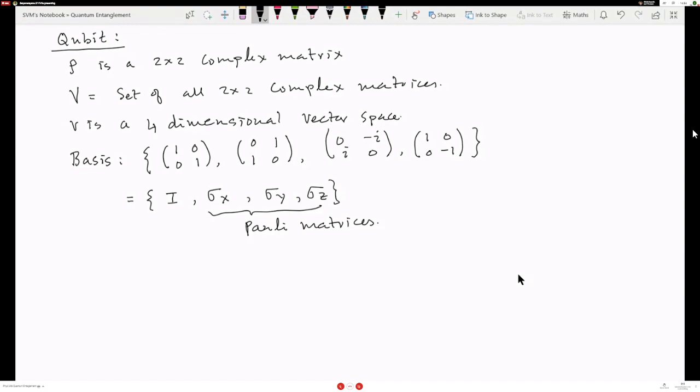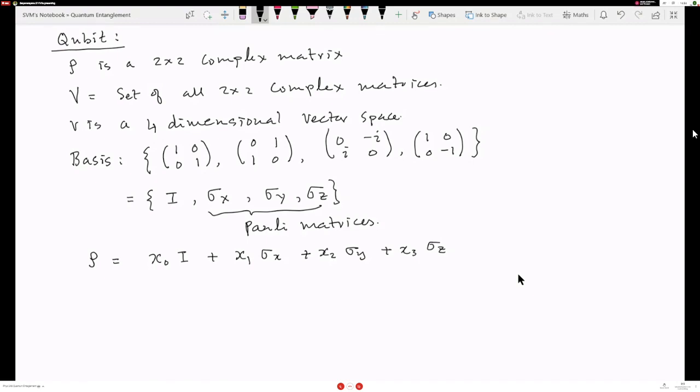That means if the density matrix is a 2 by 2 complex matrix, then it can be expanded in terms of this basis. So rho can be written as some coefficient x0 times identity plus x1 sigma x plus x2 sigma y plus x3 sigma z.